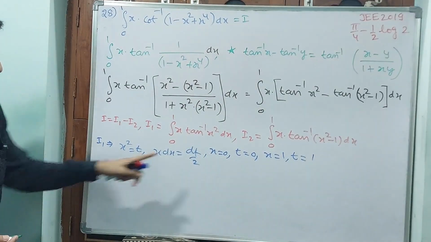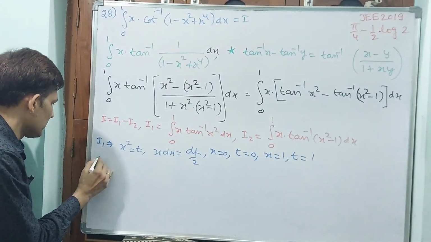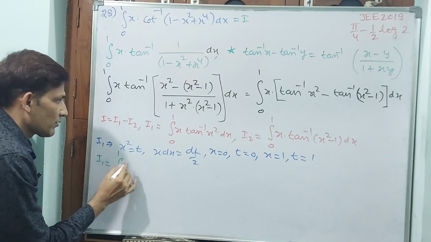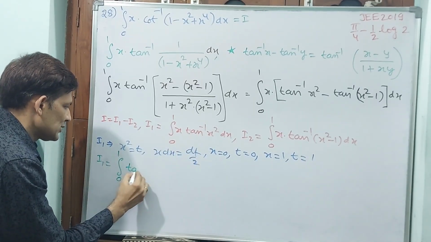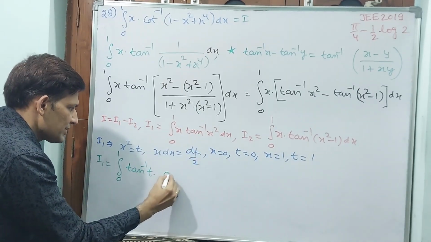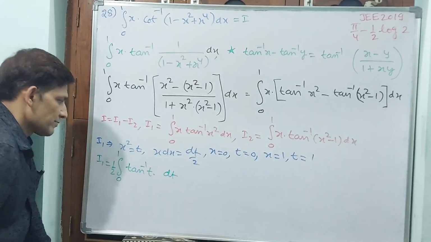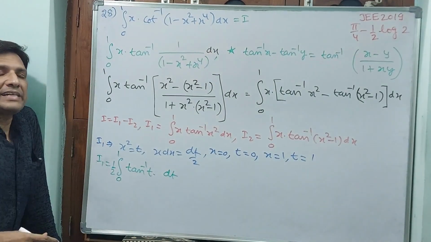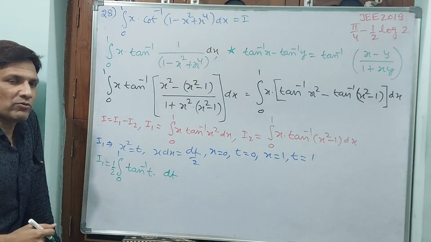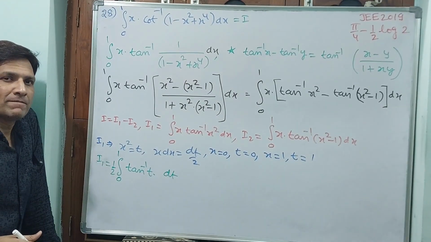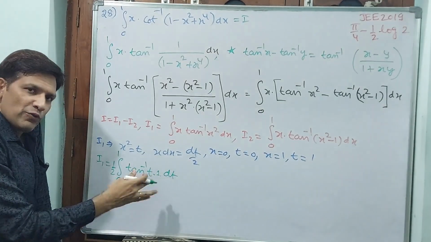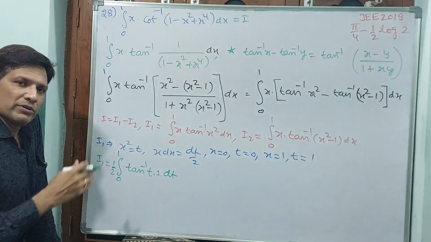Now write I1 in terms of t. I1 is equal to integral 0 to 1 tan inverse t into dt by 2. How are we going to do the integral of tan inverse t? The derivative of tan inverse t is 1 by 1 plus t square, but you can't directly integrate tan inverse t. What we do is take it as into 1 and use the u into v form, integration by parts.